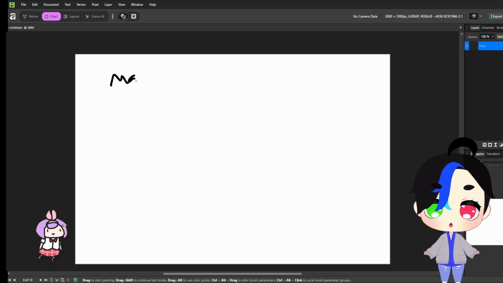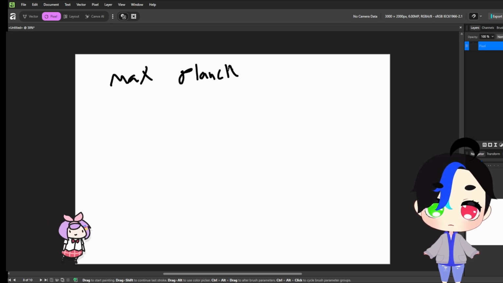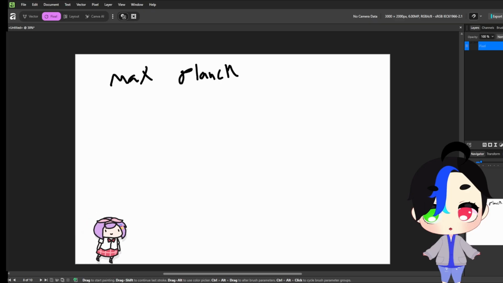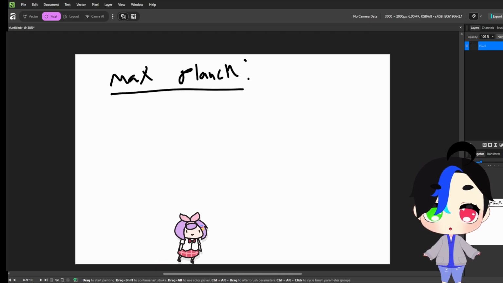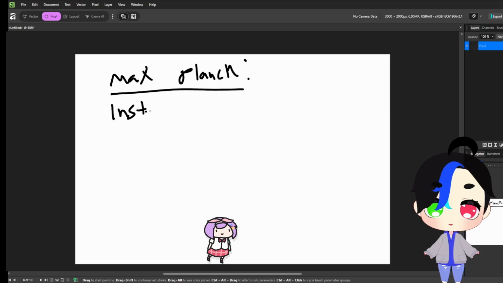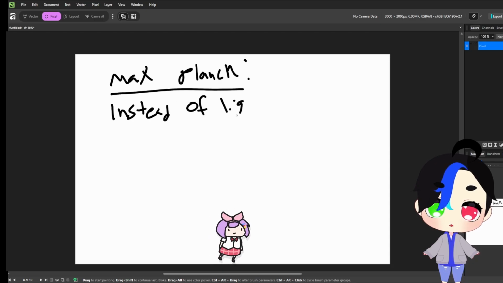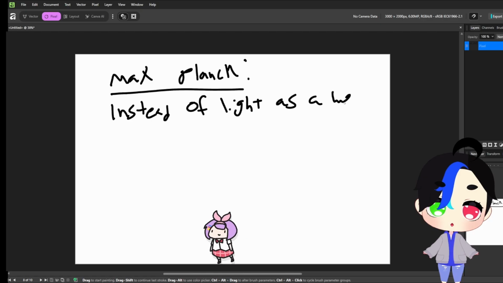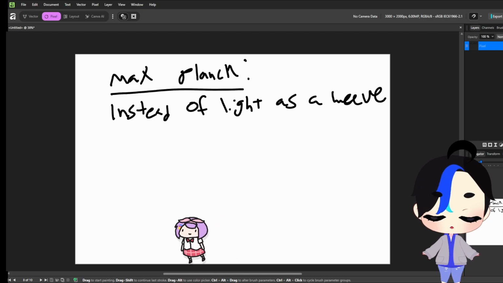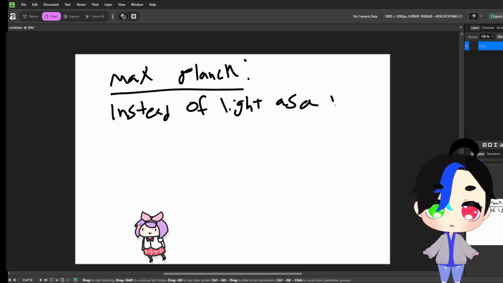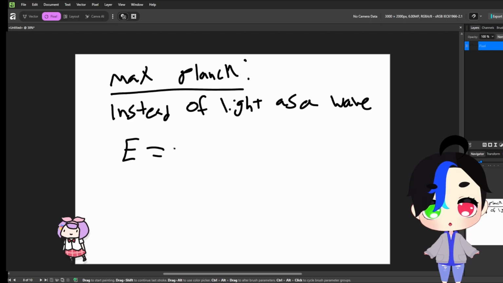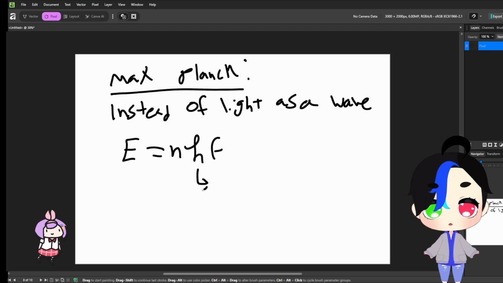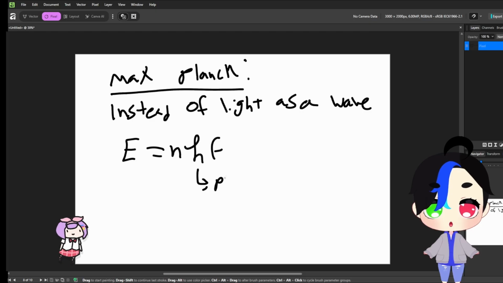So Max Planck gave the solution. Instead of treating light as a wave, he said, what if light can only give off energy as integer multiples of hf, where this is now unimaginatively called Planck's constant.